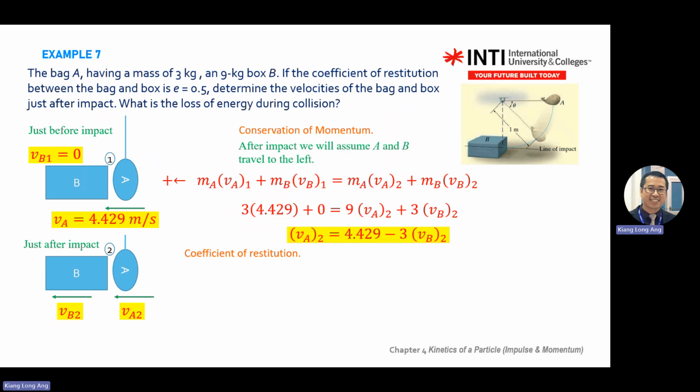So you know that VB after is faster than A before, and you want to make sure it's a positive value. So VA minus VB, 1, 1, 2, 2. This is how you memorize or apply the equation.